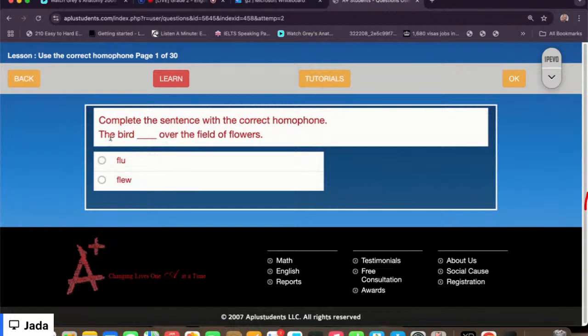So the bird flew over the field of flowers. What is the right answer here? One or two? You can give me your answers.